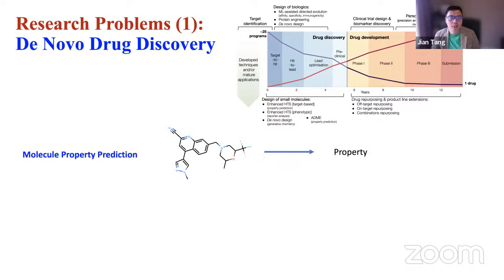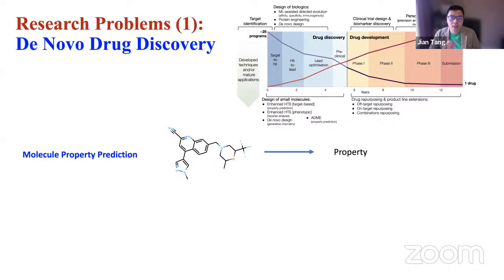The first one is molecule property prediction. Basically, given a molecule or compound, we try to predict its properties, for example, binding affinity and toxicity. This is the first type of problem we want to solve with machine learning, with graph neural networks.